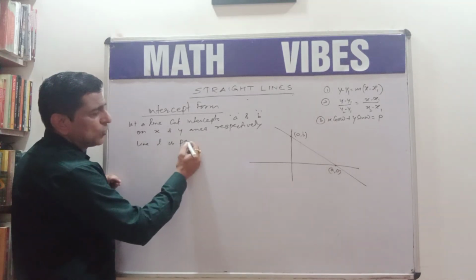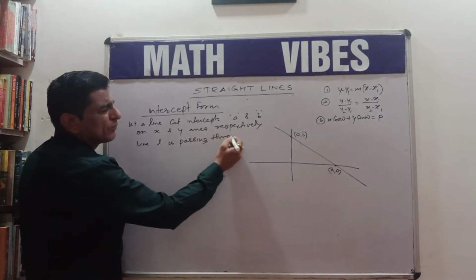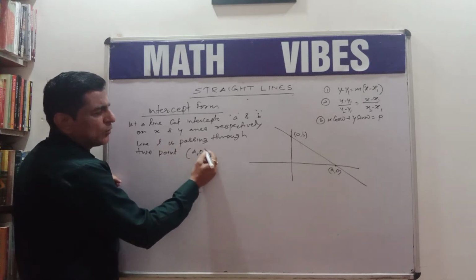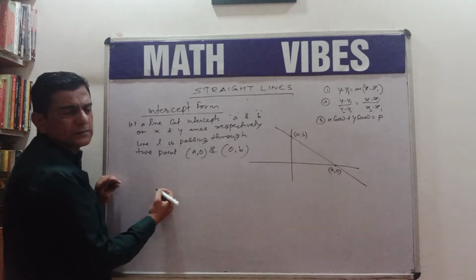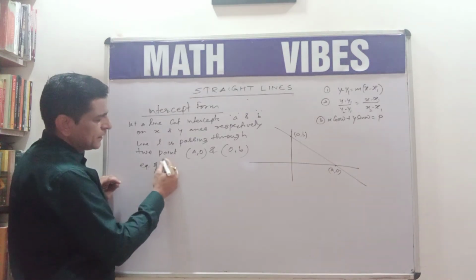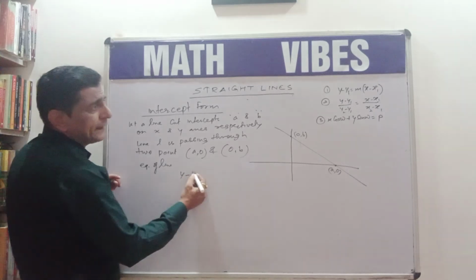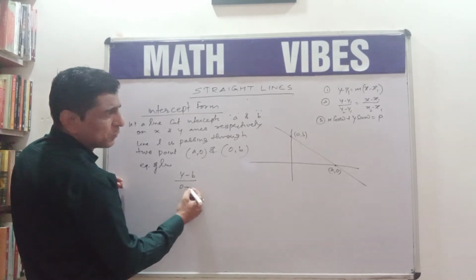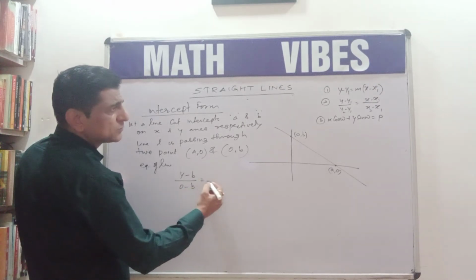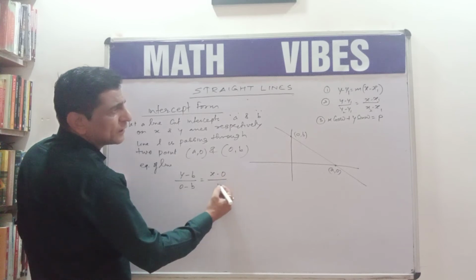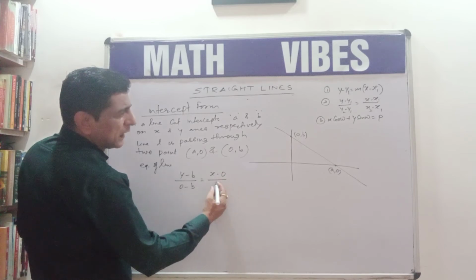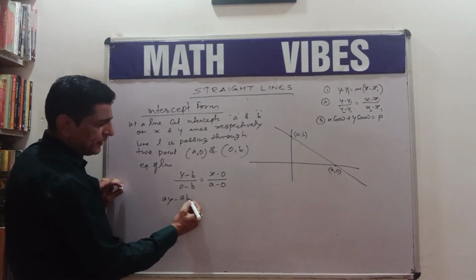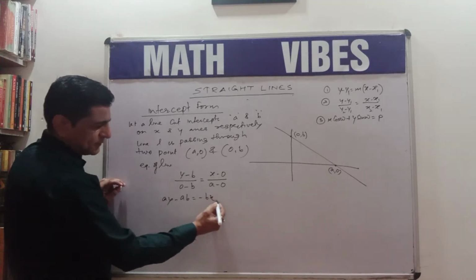So line L is passing through 2 points (A,0) and (0,B). So the equation of line will be y minus b upon y2 minus b is equal to x minus 0 upon a minus 0. So if we simplify, we will get ay minus ab is equal to minus bx.